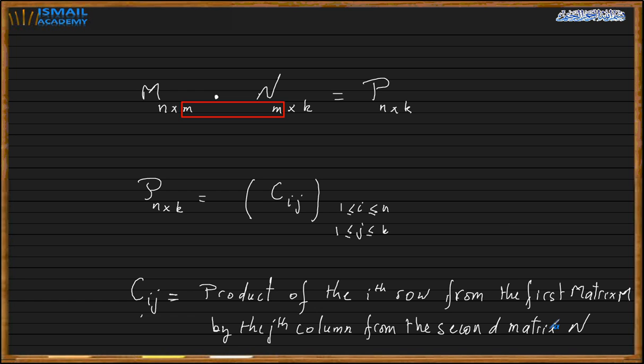So that's how you do it, and you already know how to multiply a row by a column.